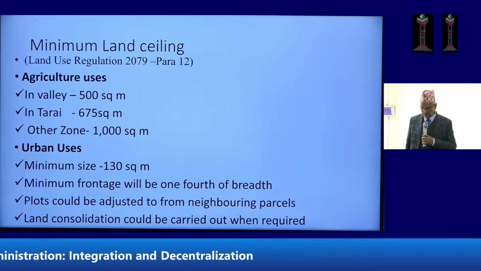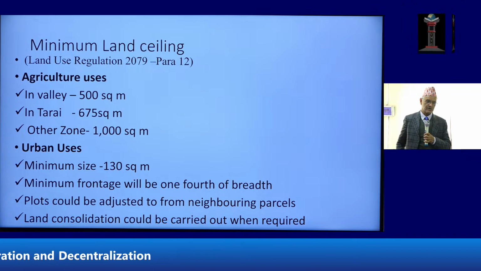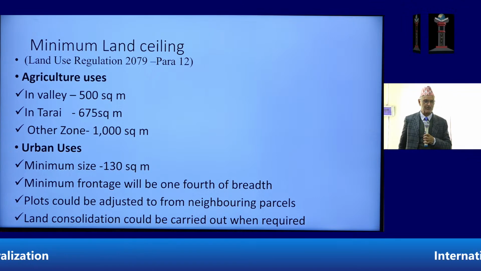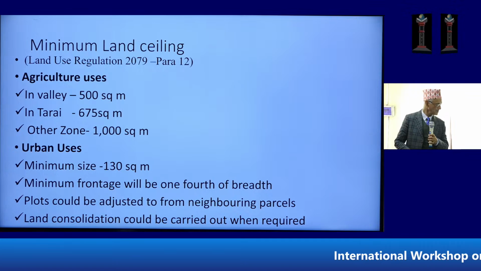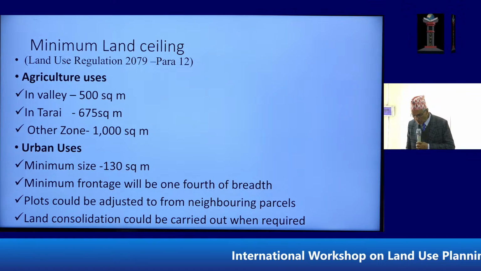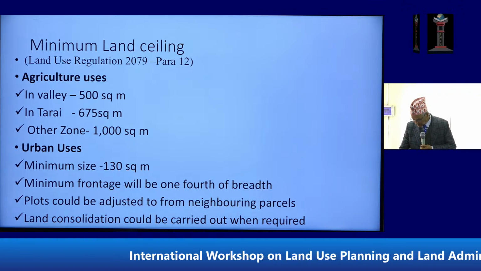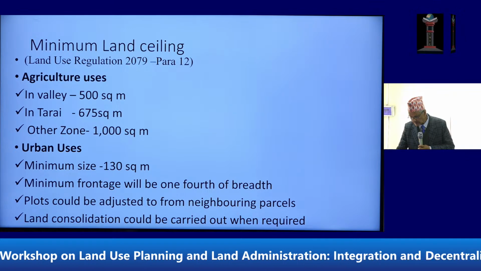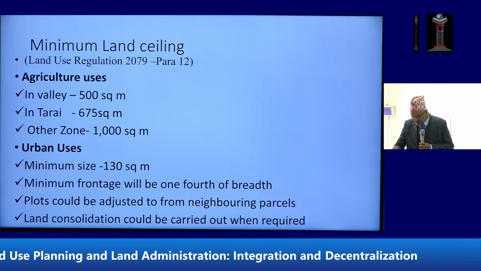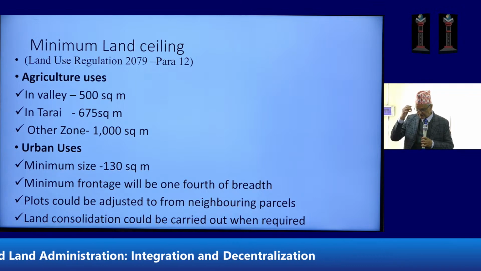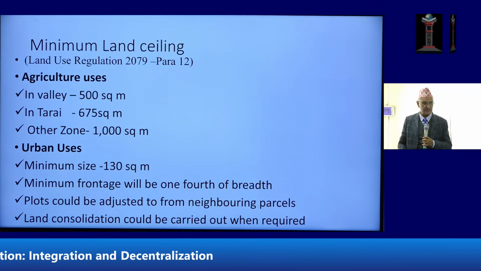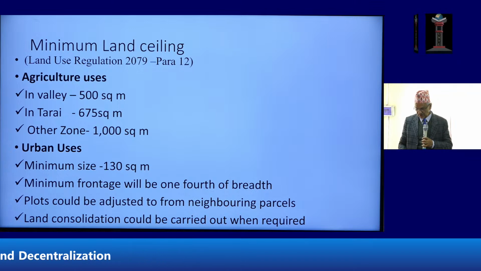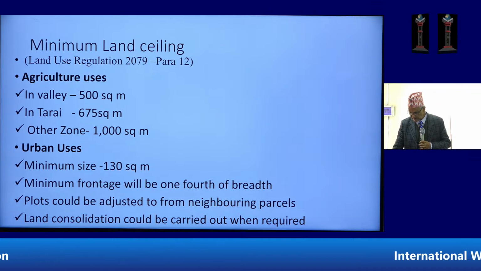I think it's good because 80 square meters is too small. And they also say the parcel can be adjusted with the neighbors, and land consolidation could also be done.